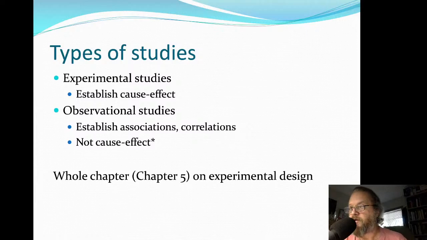Observational studies can tell you that there's a correlation, so it generates a hypothesis that you can then design an experiment to test. We'll spend a whole chapter on experimental design, and experimental design considerations are sprinkled throughout our book.